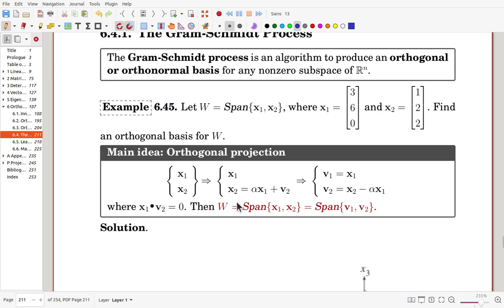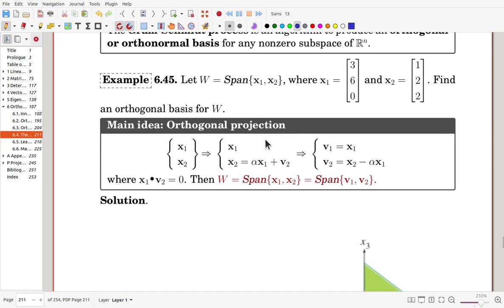That means that this was originally a basis for W, but now this is a new basis and orthogonal. Okay. Now let's try to find an orthogonal basis for W.